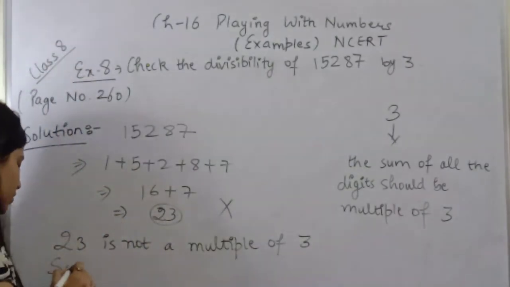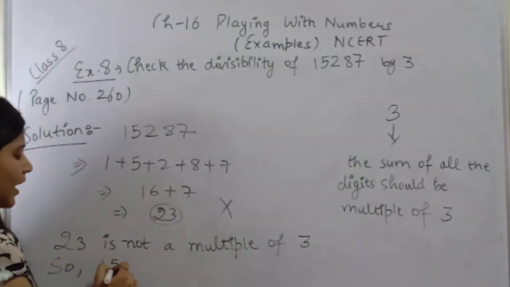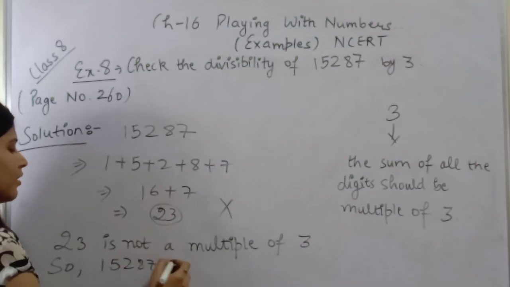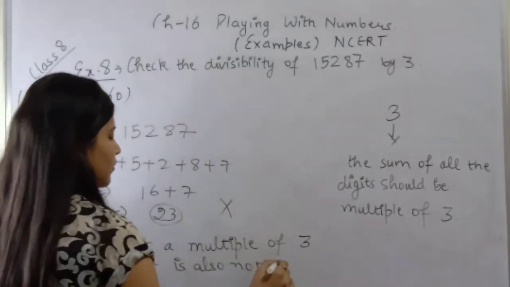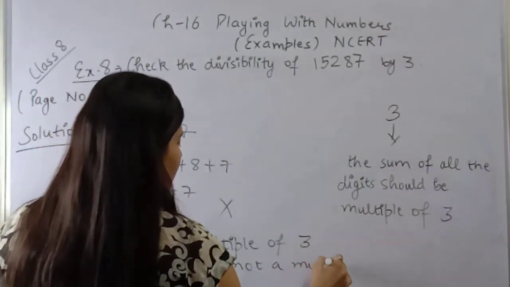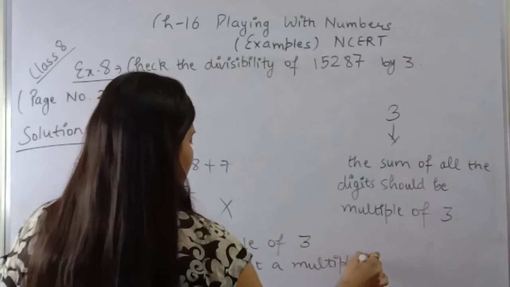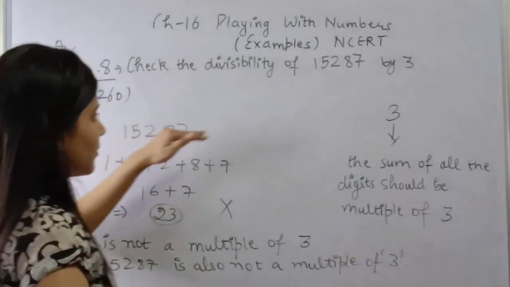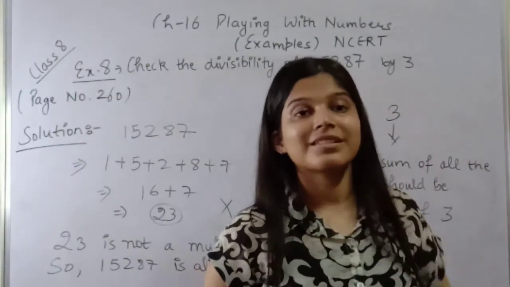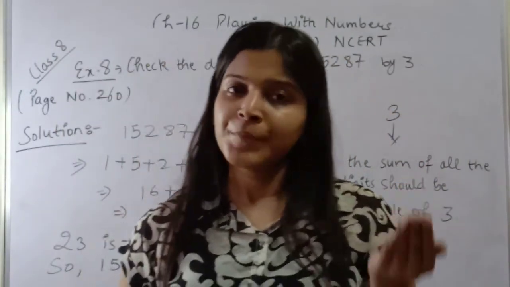So it means that 15287 is also not a multiple of 3. मतलब ये नंबर भी 3 का मल्टीपल नहीं है बिकॉज इसका सम 3 का मल्टीपल नहीं है.